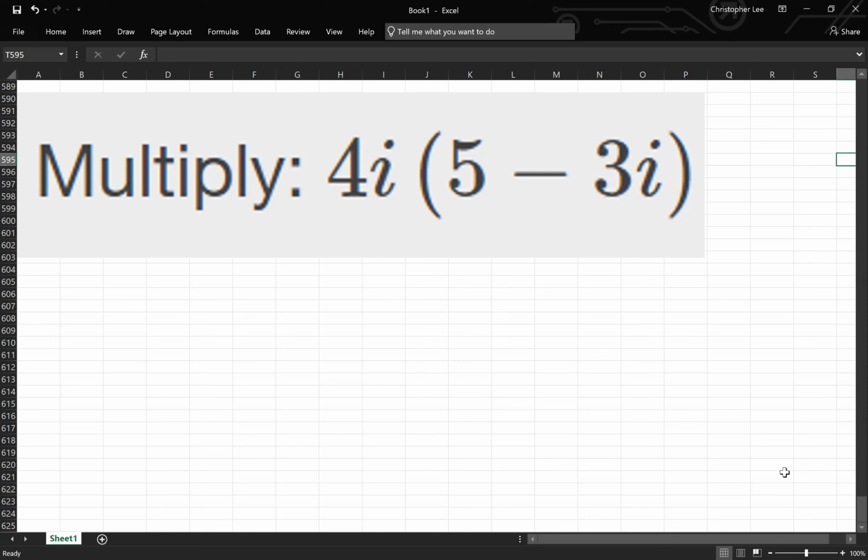All right, so look, for this one, I just want to distribute this, bam, bam, and I get the answer. So 4i times 5 is 20i. And then 4i times negative 3i is negative 12i squared.